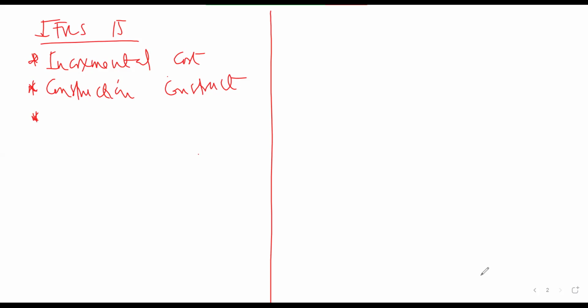There can also be a situation where borrowing costs will come into IFRS 15. How, or when, will borrowing costs come in? Okay, you are doing a construction for somebody and your policy is that the goods will be transferred to the person at the point of sale, or revenue should be recognized at a point in time.